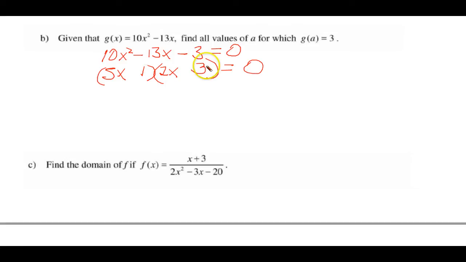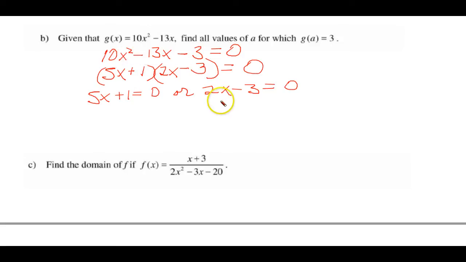And then I saw that 3 times 5 is 15. Minus 2 is 13. So this is it here. So this would be a negative 15, a positive 2, and we get 5x plus 1 equals 0, or 2x minus 3 equals 0.